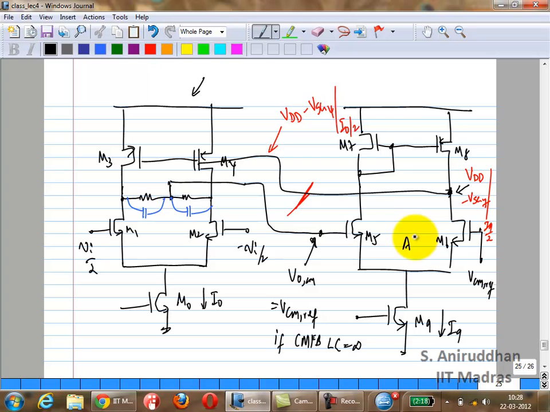Is that right? So now that offset from VCM ref will be given by the gain of the common mode feedback loop. Correct? If you already ensure that there is no systematic mismatch between these two before connecting, once you connect there won't be any change. Everything is completely symmetric, so this side will be equal to that side.